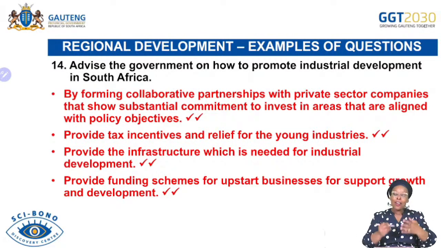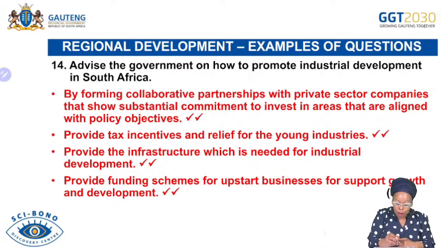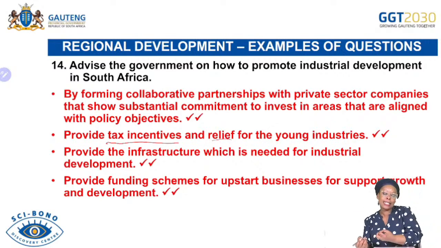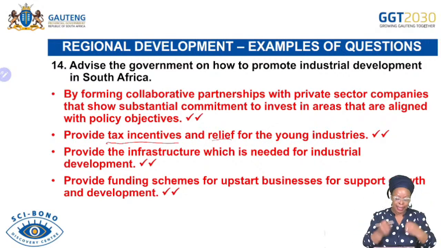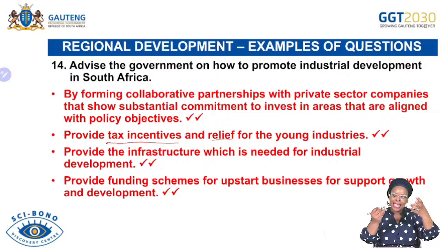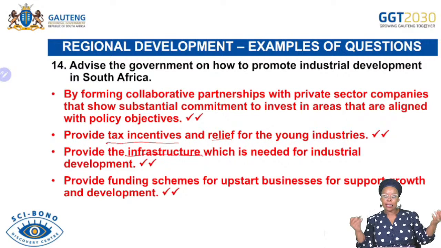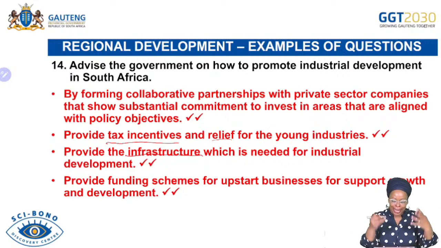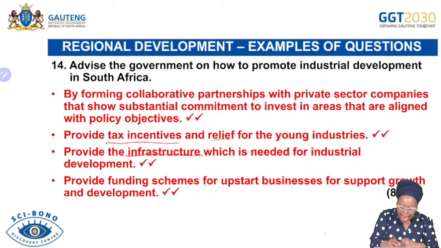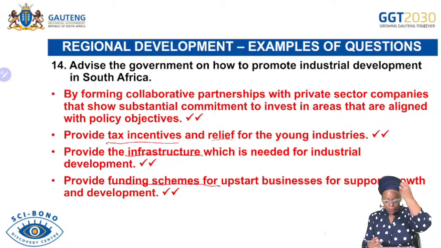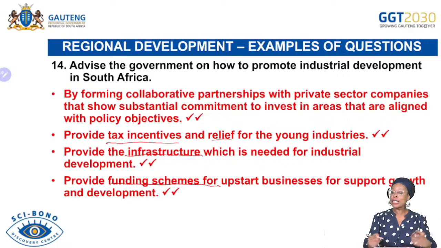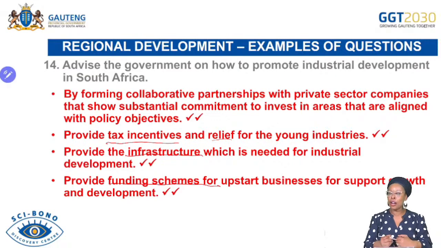You can also advise the government to provide tax incentives and reliefs for young industries, not only for existing industries. You can advise the government to provide the basic infrastructure which is needed for industrial development. You can advise the government to provide funding schemes to start new businesses for support, growth, and development.